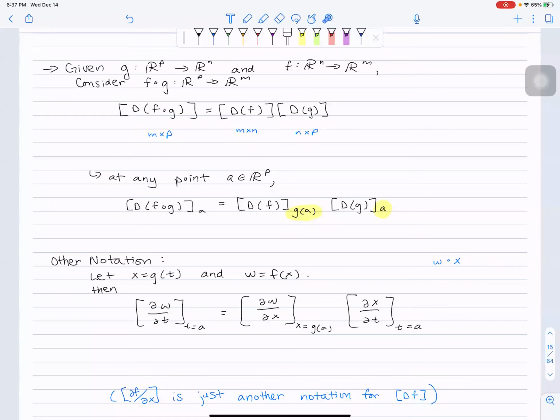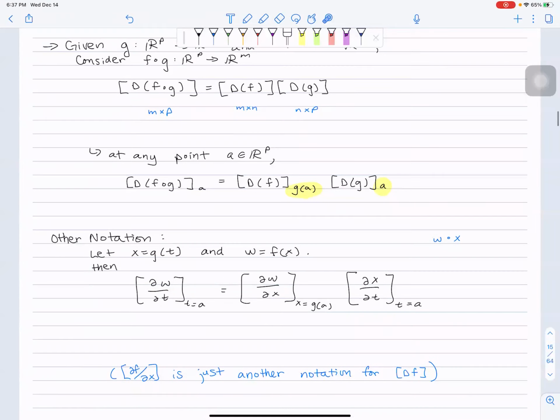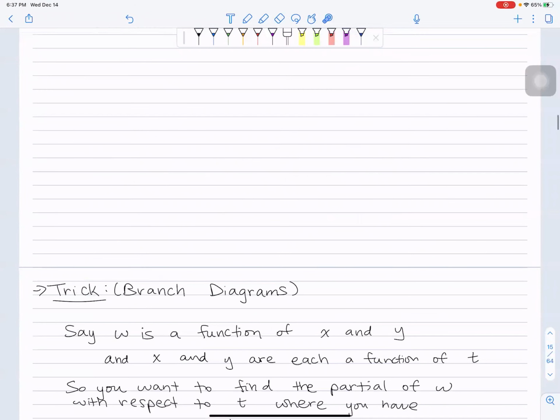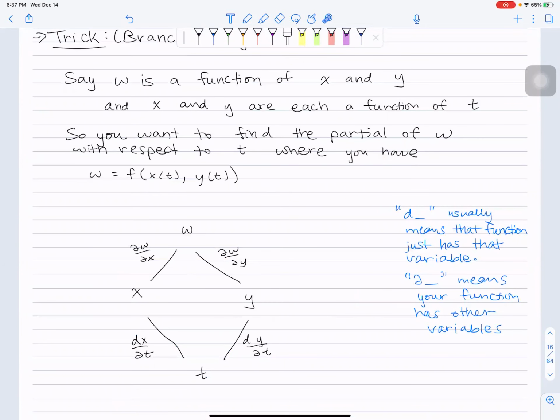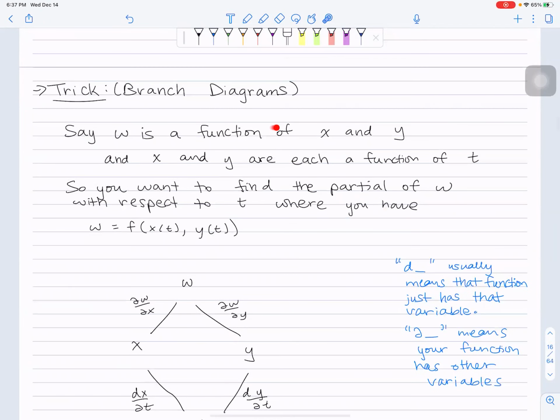Okay. And so sometimes things get slightly complicated. So if you're trying to find a partial, maybe it has more than one variable. So for example, w is a function of x and y. So w is some function of x and y. And then they say each of x and y are also functions of t.